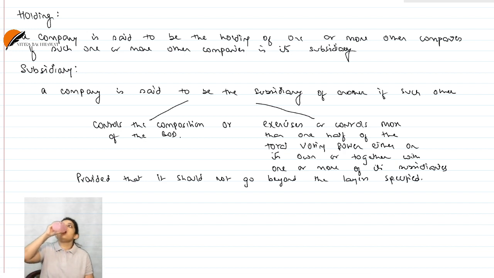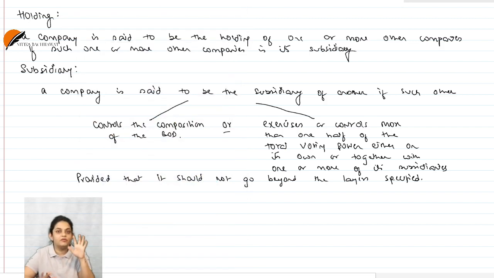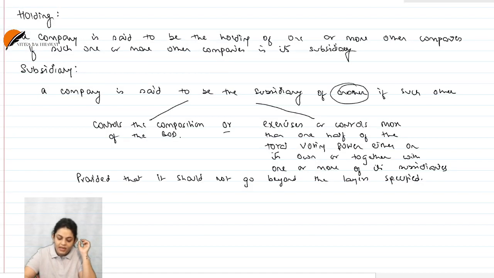So the relation of holding and subsidiary is created if any one of these conditions is fulfilled. A company is said to be the subsidiary of another if such other controls the composition. I have got people asking me after I've explained the whole topic, ma'am, who is holding, who is subsidiary?